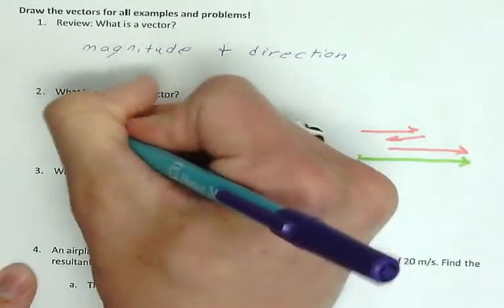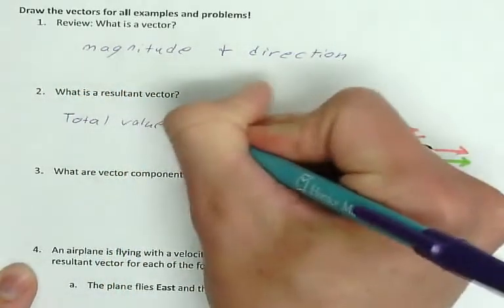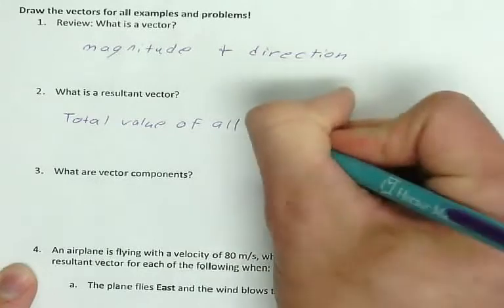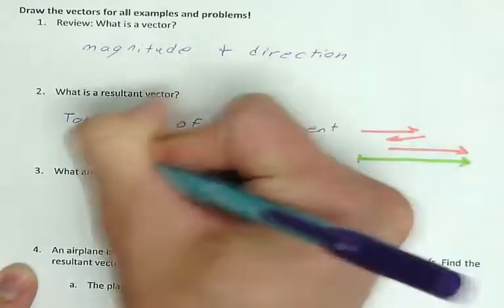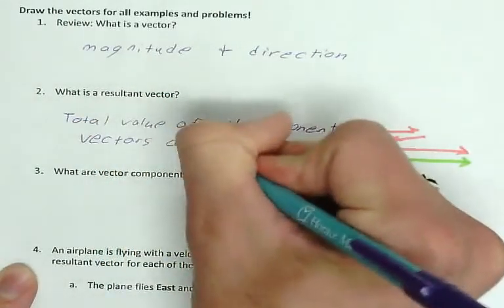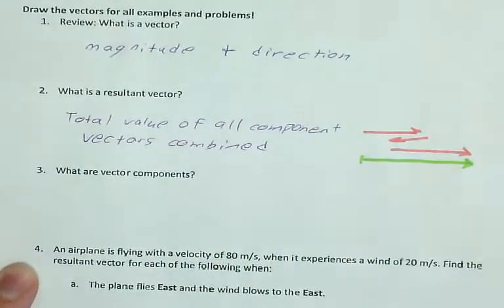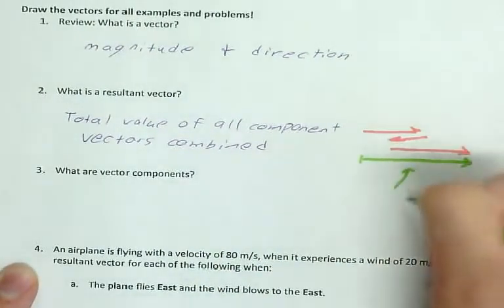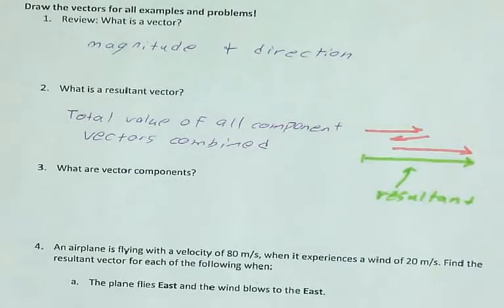So it's the total value of all component vectors combined. So the resultant vector is this green one. It's what we get when we combine all the smaller ones together.